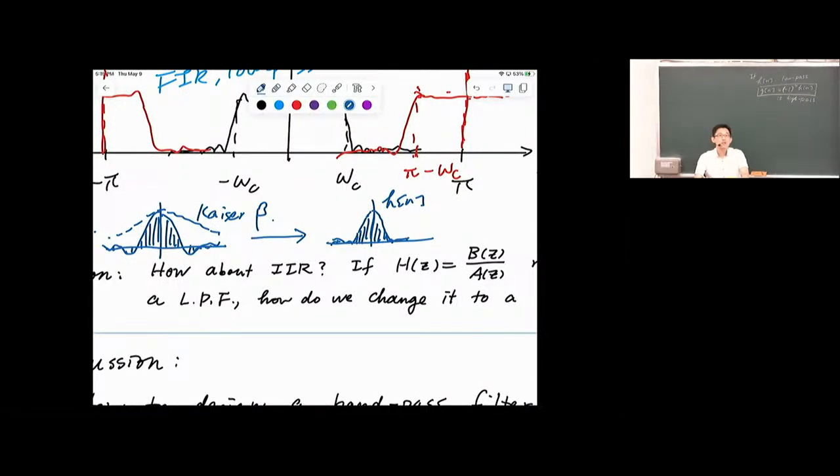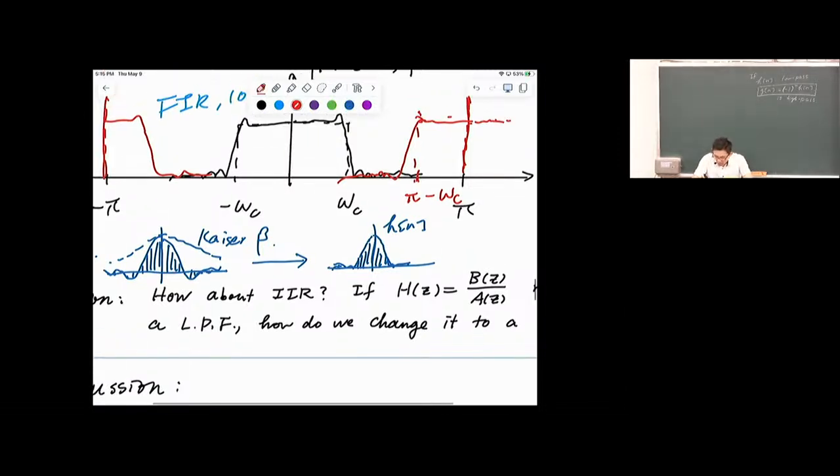We change the sign of every other sample. So your design of a high pass filter will be the same at time zero, but you alternately change the sign of every other sample, plus minus plus minus. Change the sign of every other sample of your old design, and this new design g of n is going to be high pass. End of story.